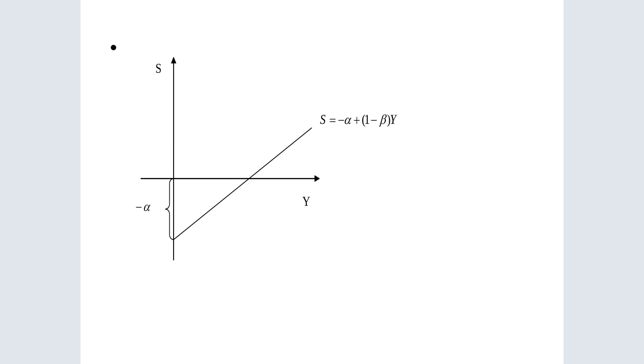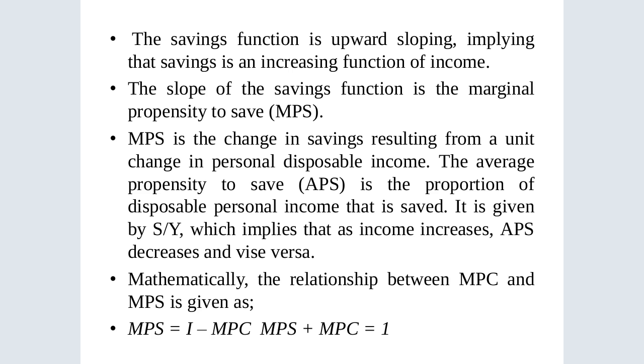So when your savings rises above 0, then there is some level of savings being done. That's why the savings function starts to slope upwards when your income is above 0. This upward slope simply implies that savings is an increasing function of income.